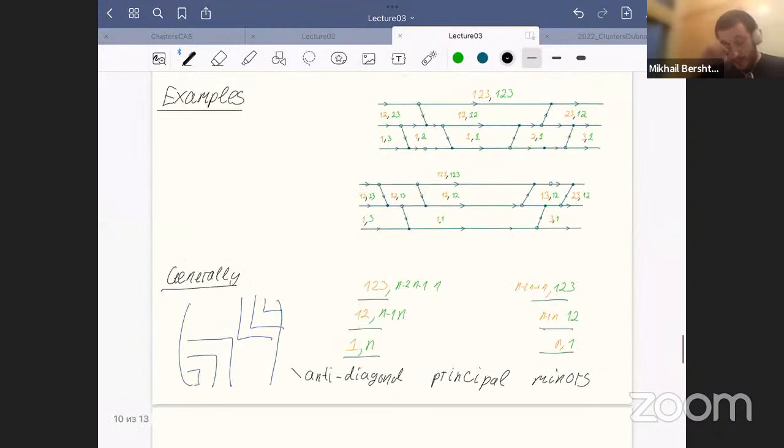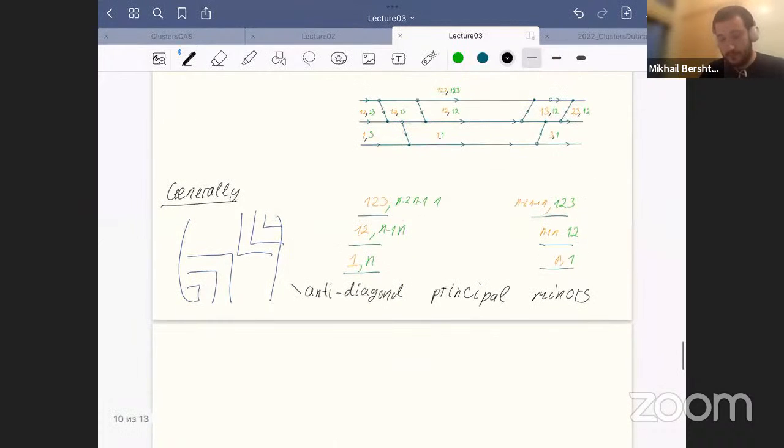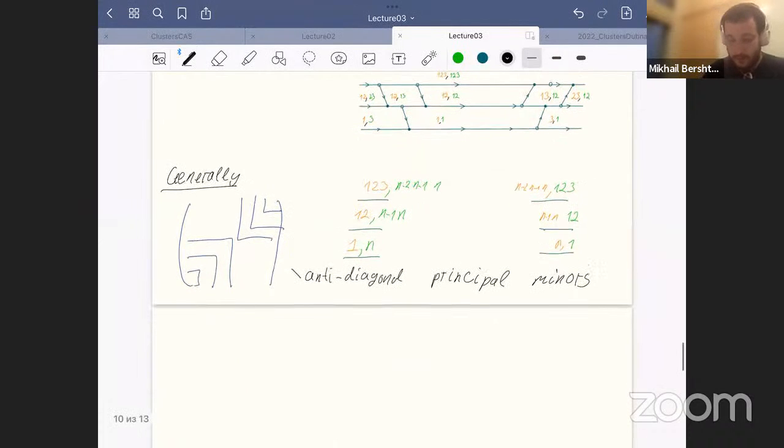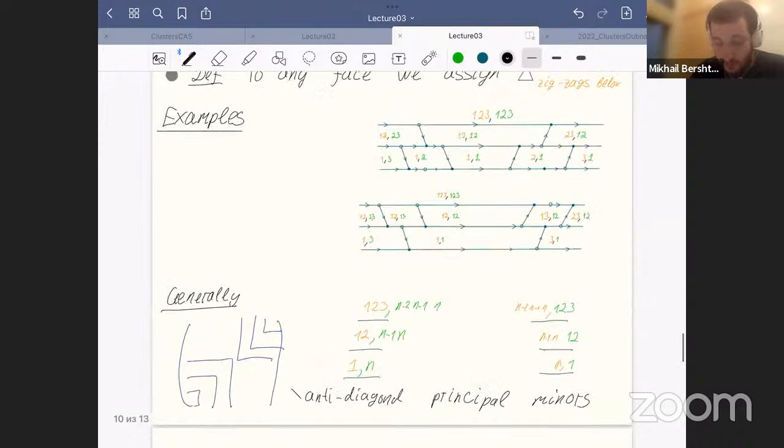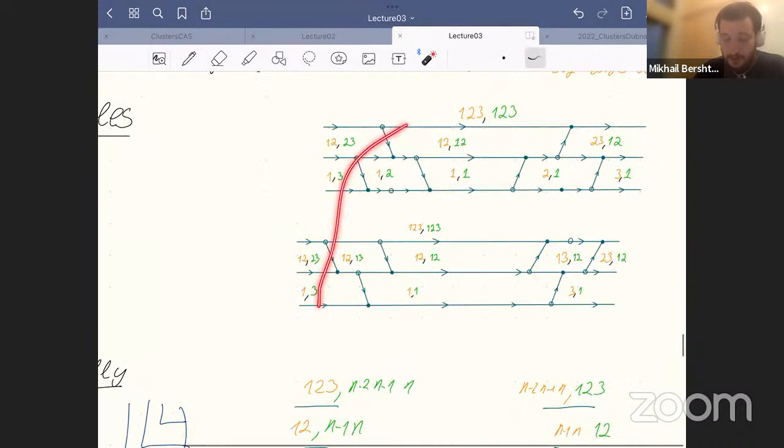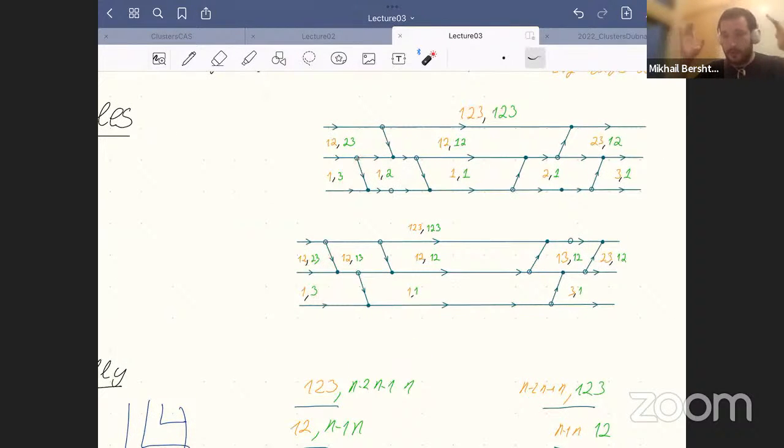And these principal minors appear in any network. Okay, so the border does not depend on the network. It depends, under our conditions, on both orange and green zigzags performing the total permutation, the longest permutation.